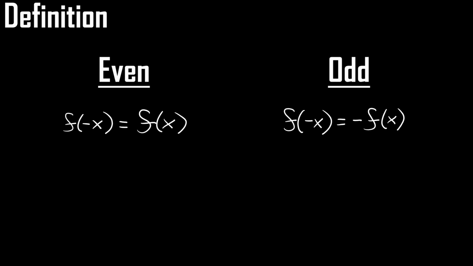Geometrically, even functions are symmetric about the y-axis. And geometrically, odd functions are symmetric about the origin, which is a 180-degree rotation.